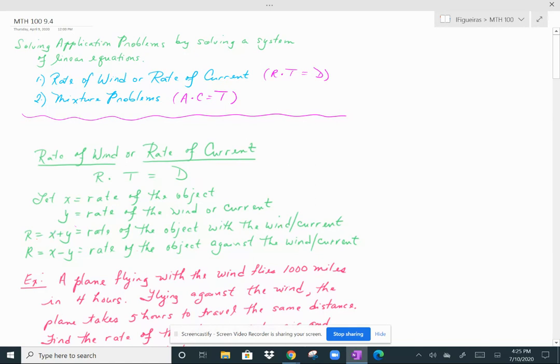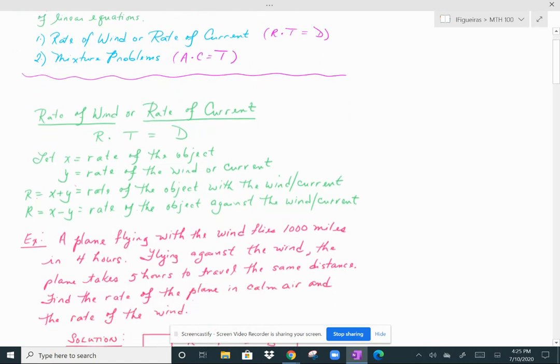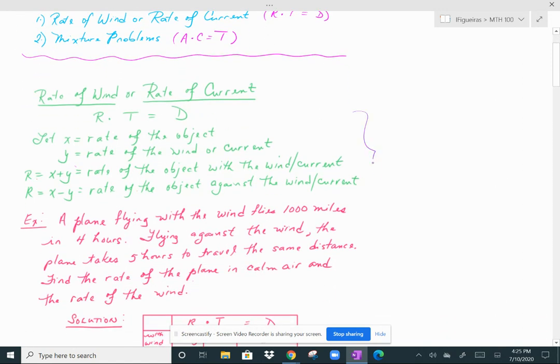And when it's going against the wind or the current, the rate will be x minus y. So you subtract them because, again, it slows the object down when you're going against the wind or current. All right, so if you can remember this, it really helps to set up these problems. These are actually easier than the uniform motion problems we did a while back in this course.